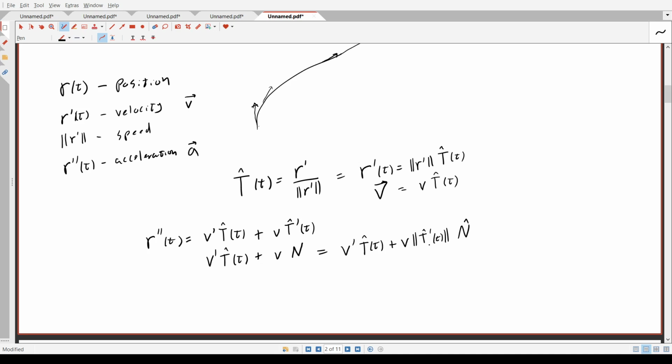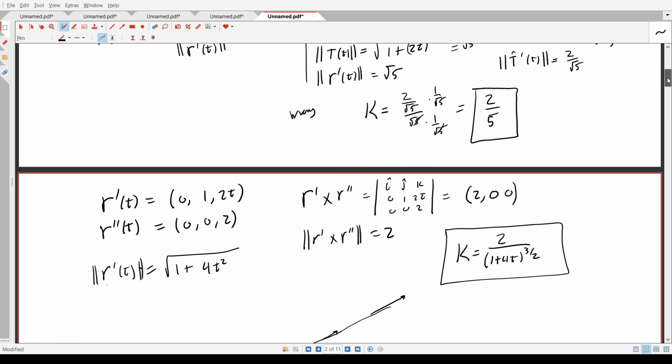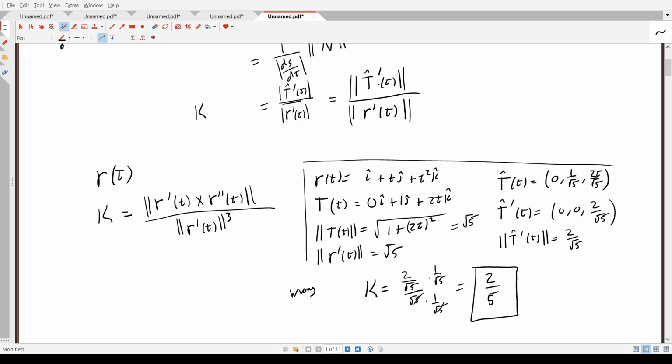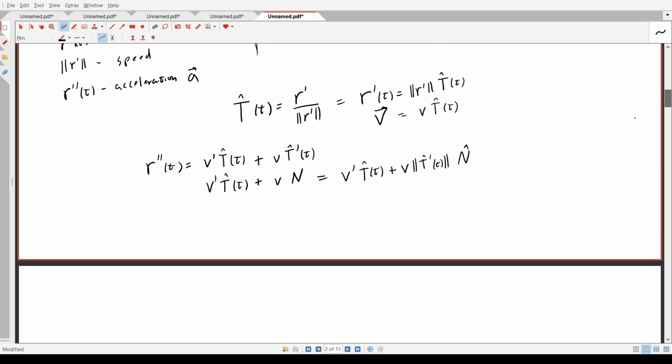Okay, so one last thing. I'm going to use the curvature formula from up here. This one right here, like this. So if I multiply and divide by the norm of r prime, V times norm of r prime times T hat prime over norm of r prime times N hat.